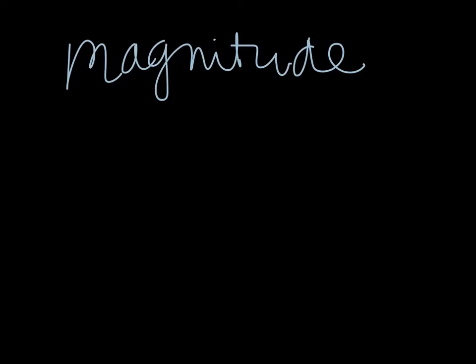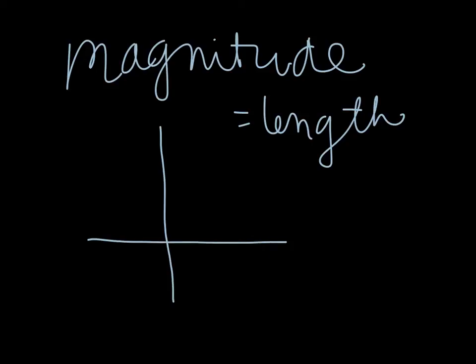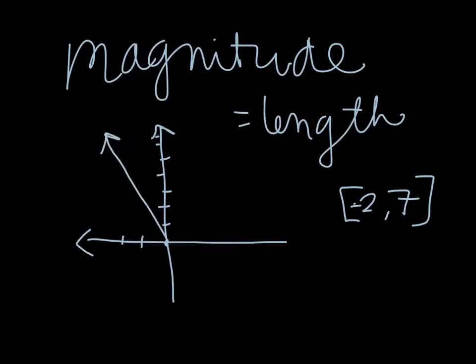Okay, so let's talk a little bit about magnitude. Another word for magnitude is length. And so when I talk about the magnitude of a vector, I'm talking about how long it is. So let's take the vector negative 2, 7. And so again, the way that I plot this is I start at 0, 0, and I plot negative 2 and positive 7. So over 2, up 7, and I draw from beginning to end. And there's my vector, negative 2, 7.